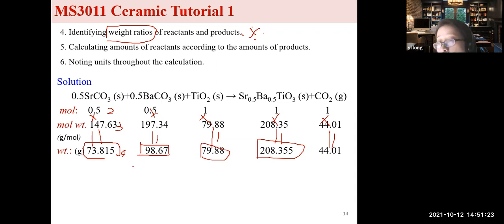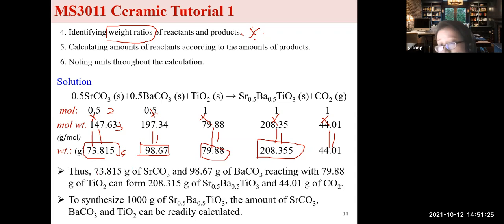That is the weight ratio, which I put here already. So this one reacts with this one, and in the end you get 208.355 strontium barium titanate.